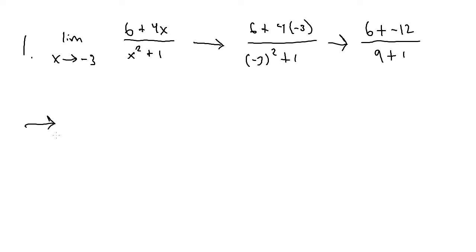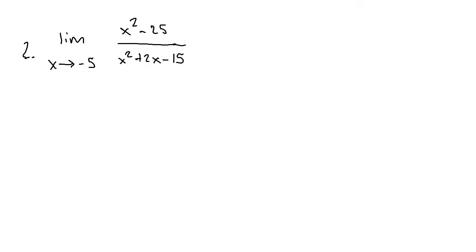So 6 plus a -12 is the same thing as 6 minus 12, so that's -6, over 9 plus 1, which is 10, and we can simplify that to -3/5.